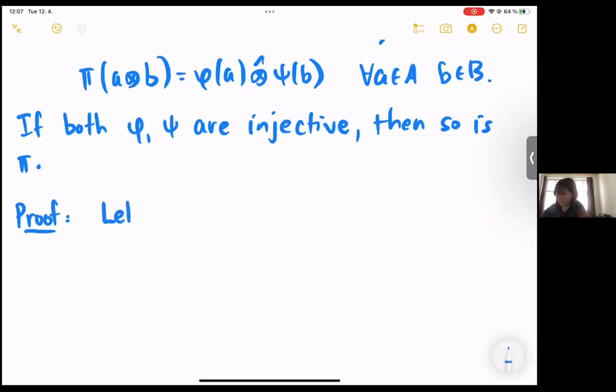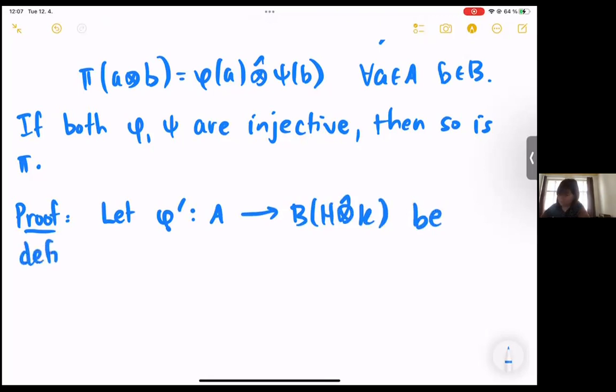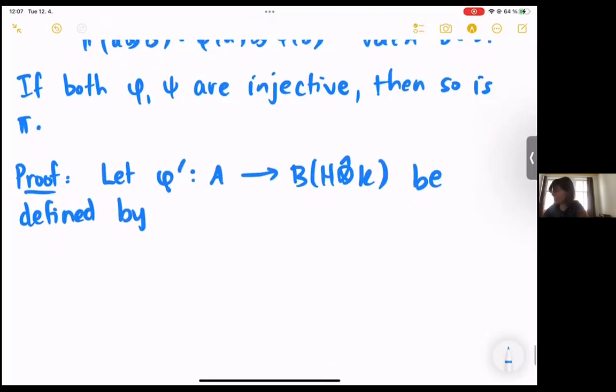Okay, so let's define a map phi prime from A into B of H hat tensor K. So I guess this is sort of the observation I just made. We can always define such a map by just taking phi of A in the first tensor vector and then putting the identity in the second.